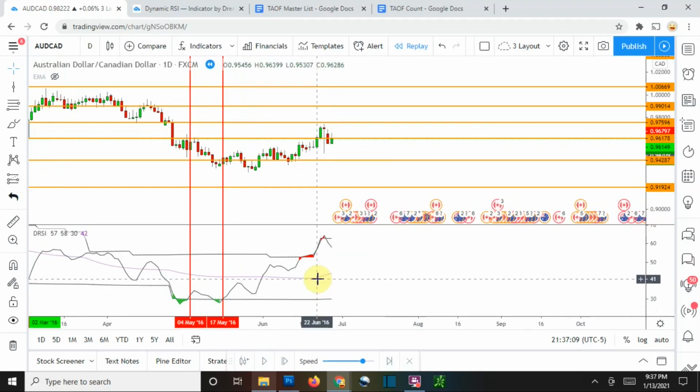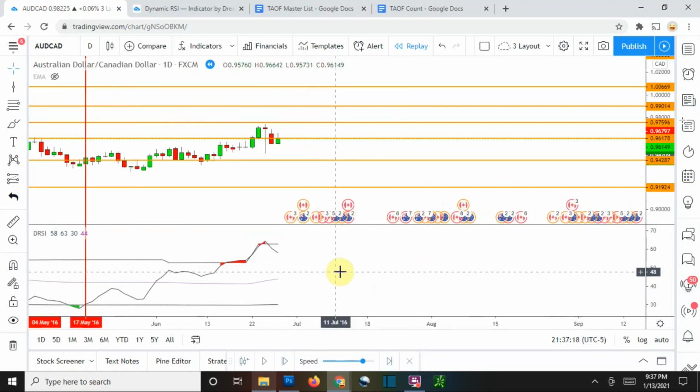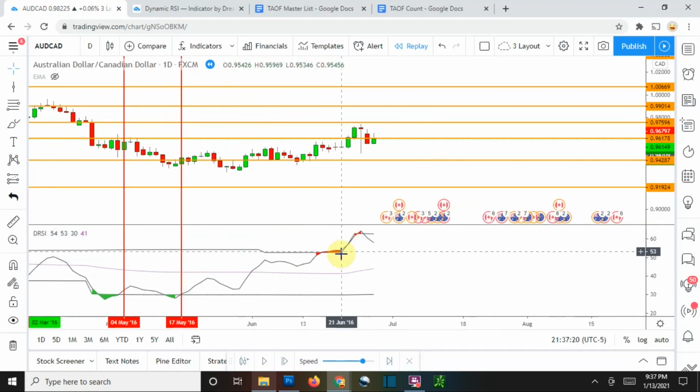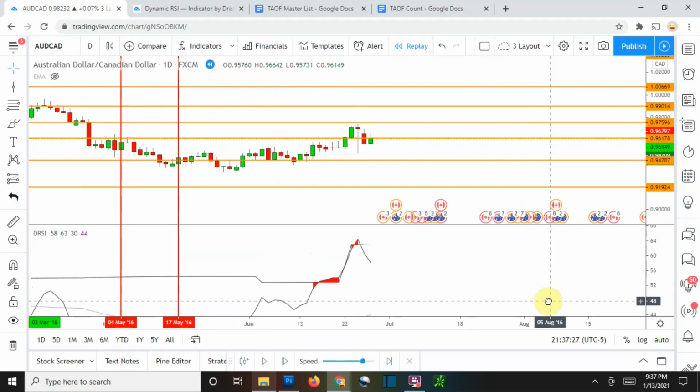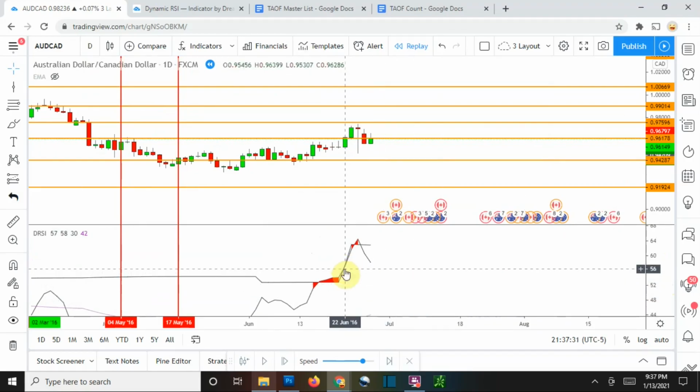All right, what do we have here? This RSI, because it is a dynamic RSI, you can see that it does this weird area right here where it stretches, but it's really hard to see what is going on with it being able to cross.